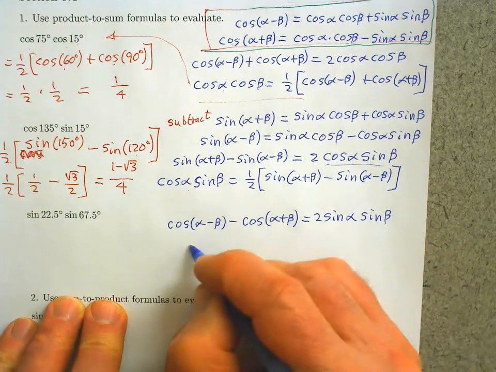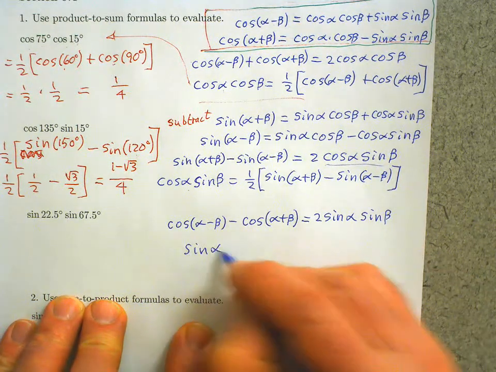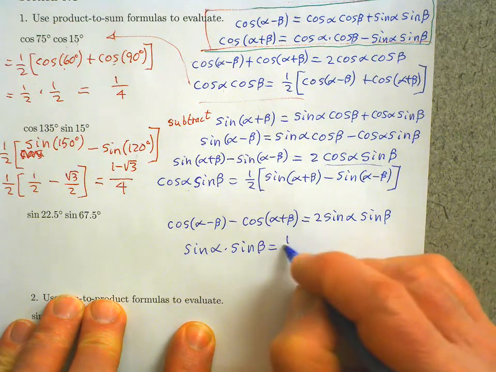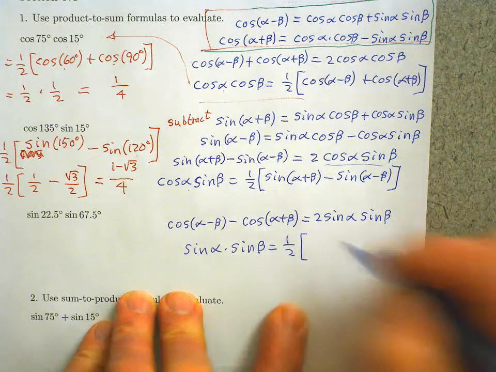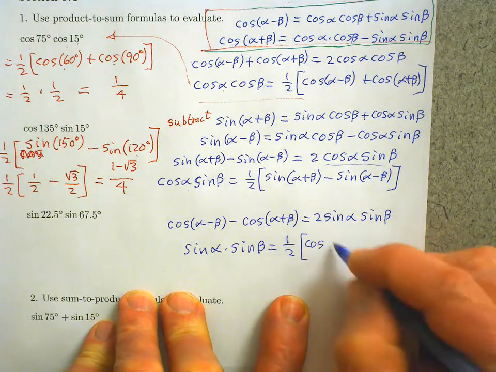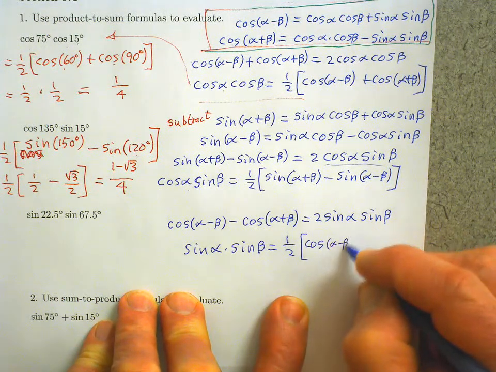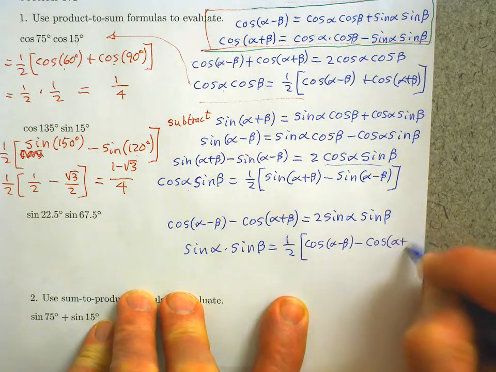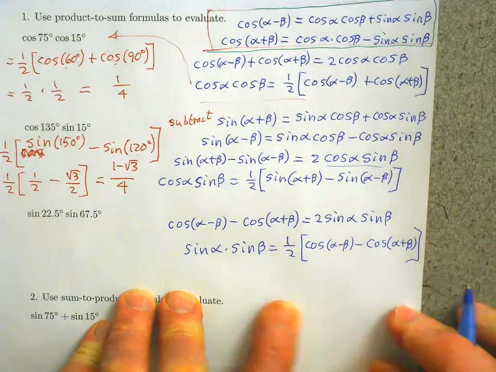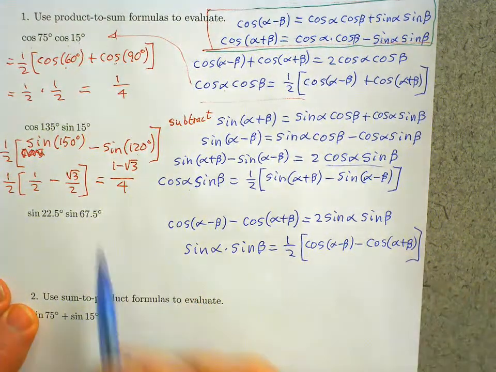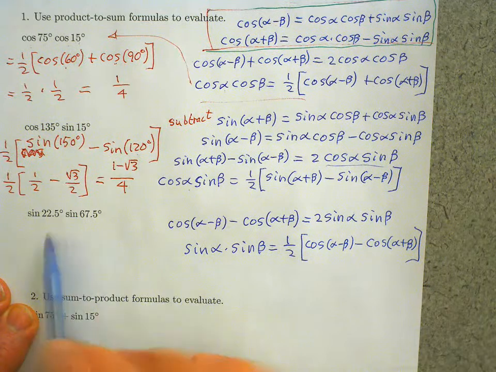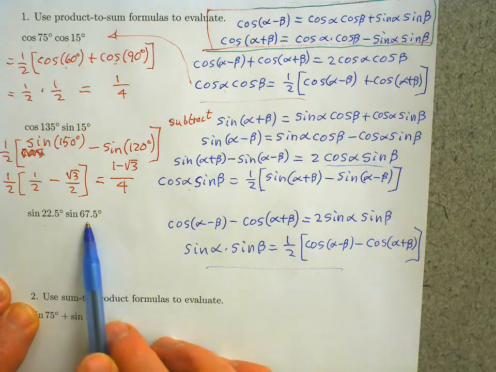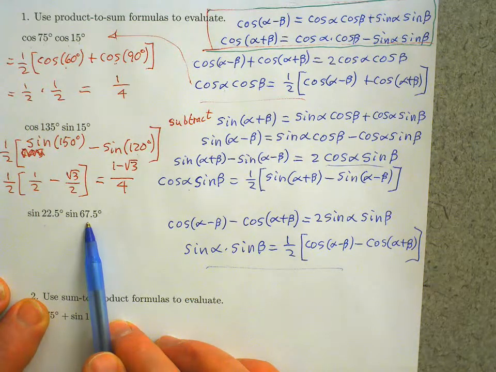And so our sine of alpha times sine of beta will be equal to 1/2 times cosine of alpha minus beta minus cosine of alpha plus beta. Okay, so we'll use this formula. Alpha is 22.5 degrees and beta is 67.5.